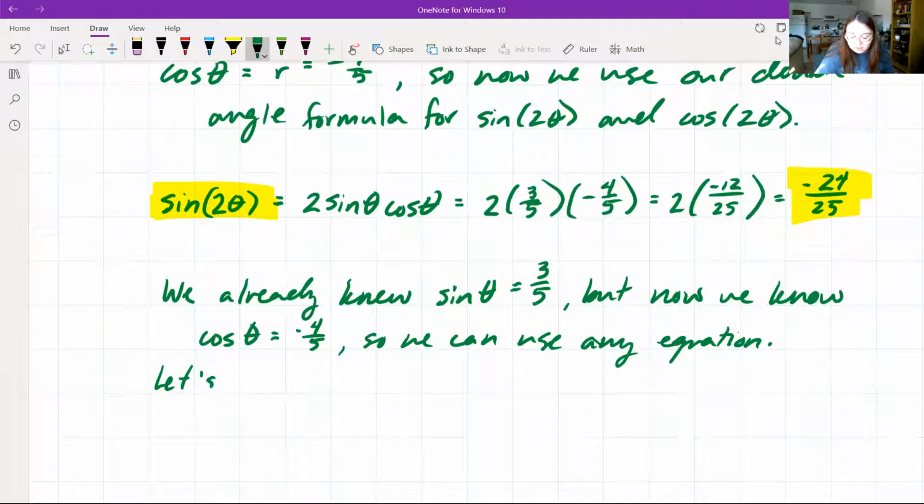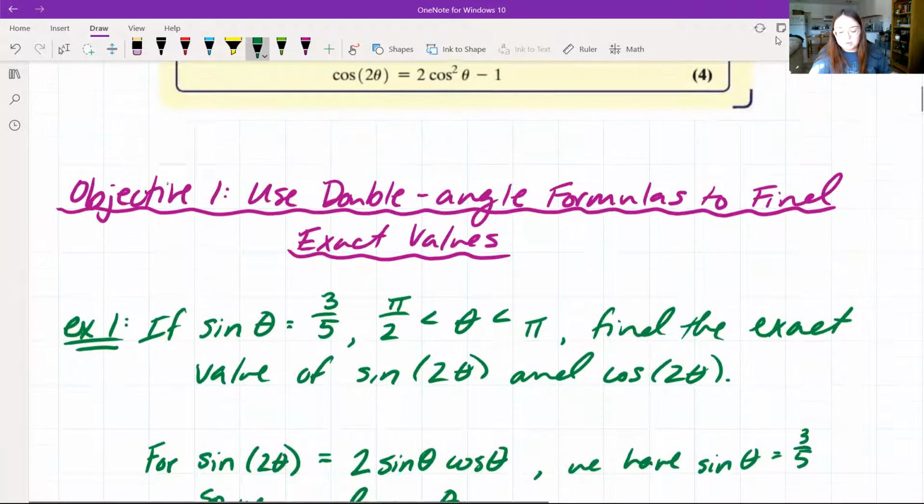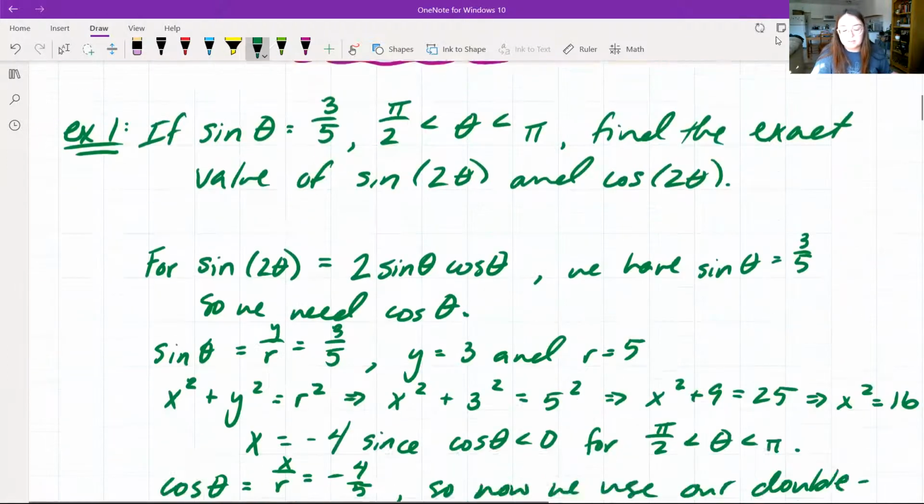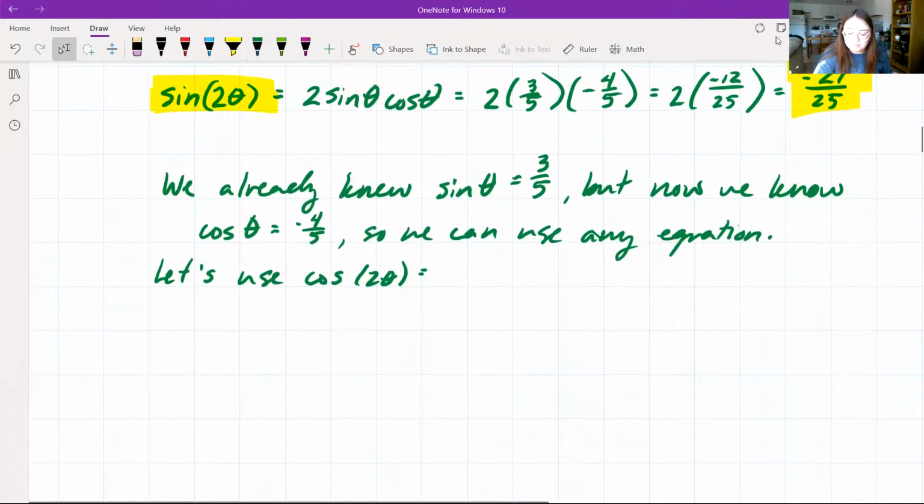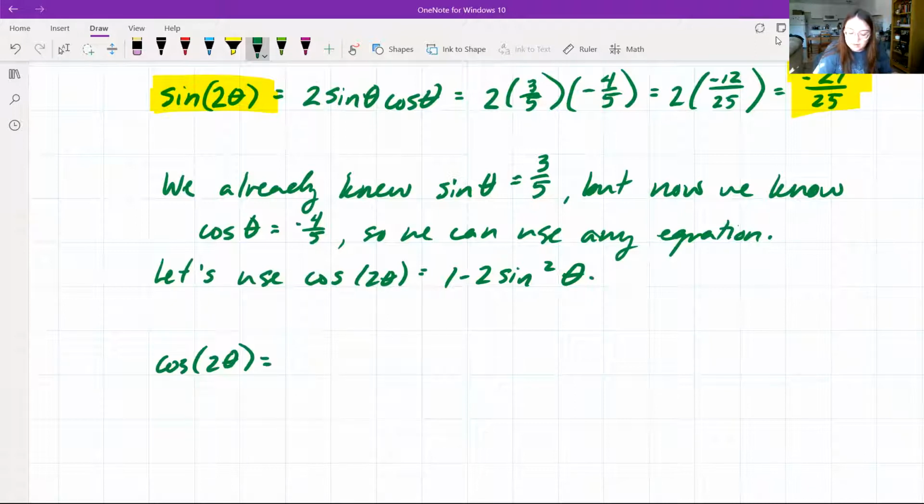But let's go ahead and use cosine of 2 theta is equal to 1 minus 2 sine squared theta. Then this will give us cosine of 2 theta is equal to 1 minus 2 times 3/5 squared.